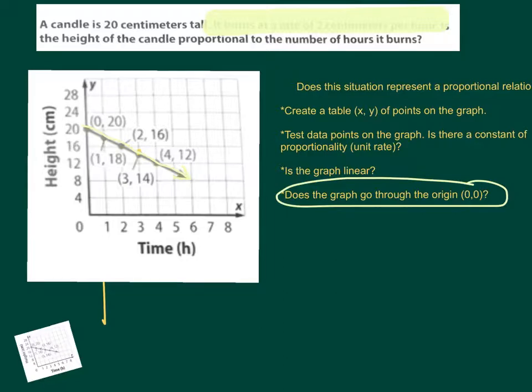And because it doesn't go through the origin, it also doesn't have a constant of proportionality or a unit rate. We can't get tricked by the fact that this says 2 centimeters per hour, because although it is burning at a constant rate of change, it's not starting at the origin, which leaves us with not having a proportional relationship. So I'm just going to write a big "not proportional" here.